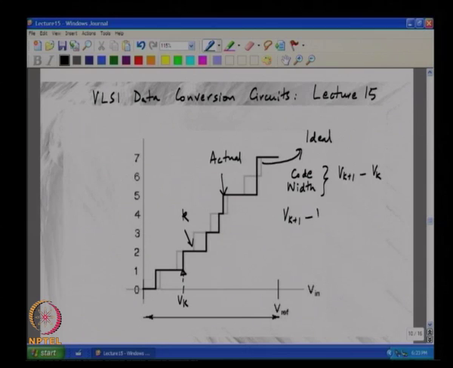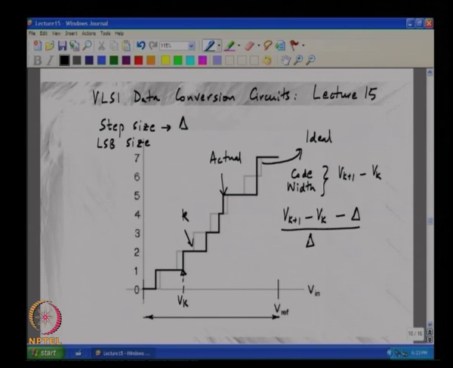You understand? So, this is nothing but Vk plus 1 minus Vk minus one step, okay, and the step size is often denoted by this symbol delta, which is also called the LSB size. Okay. So, in which case this becomes Vk plus 1 minus Vk minus delta. This still has dimensions of volts. So, if we want to talk about a normalized quantity, it makes sense to normalize it to the step size.